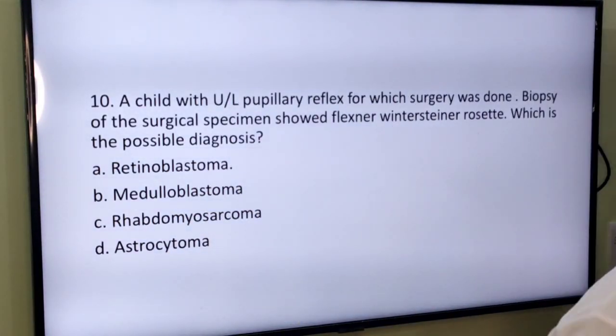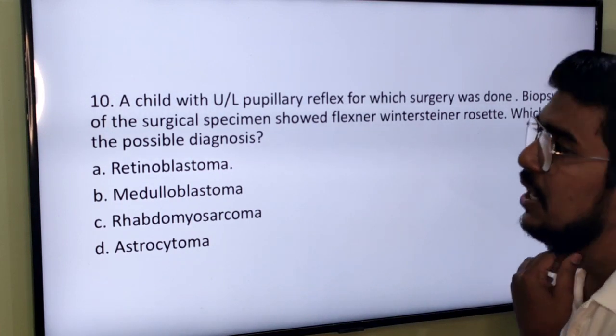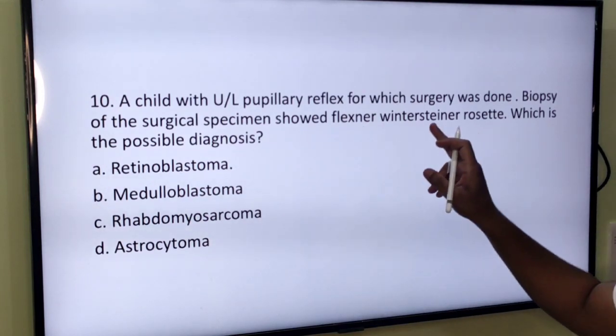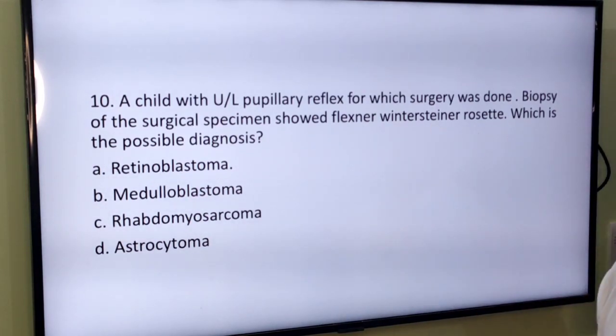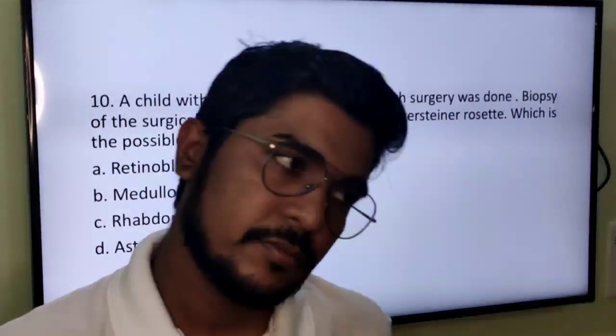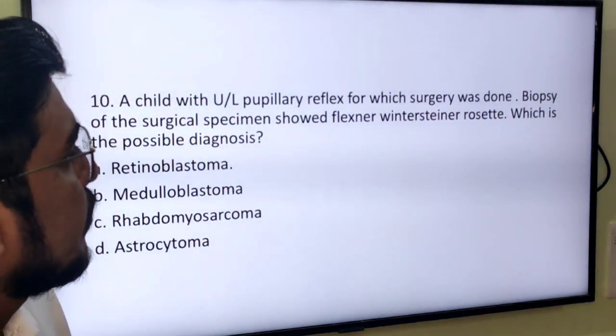Since we are very slow, we are going to question number 10, the last question of AIIMS that has been asked. A child with unilateral pupillary reflex for which surgery was done. Biopsy showed the specimen having Flexner-Wintersteiner rosettes. Which of the following is the diagnosis? Flexner-Wintersteiner rosette, FW rosette. What is the diagnosis of this?